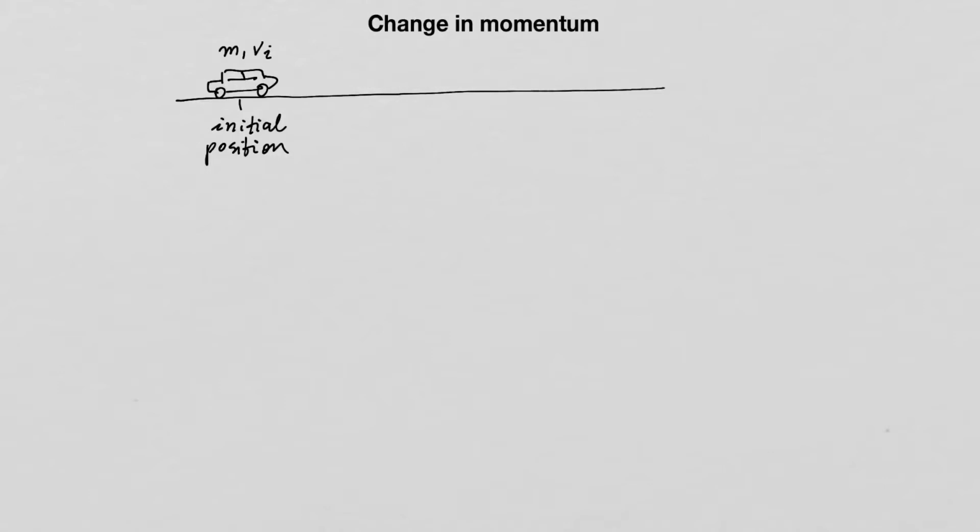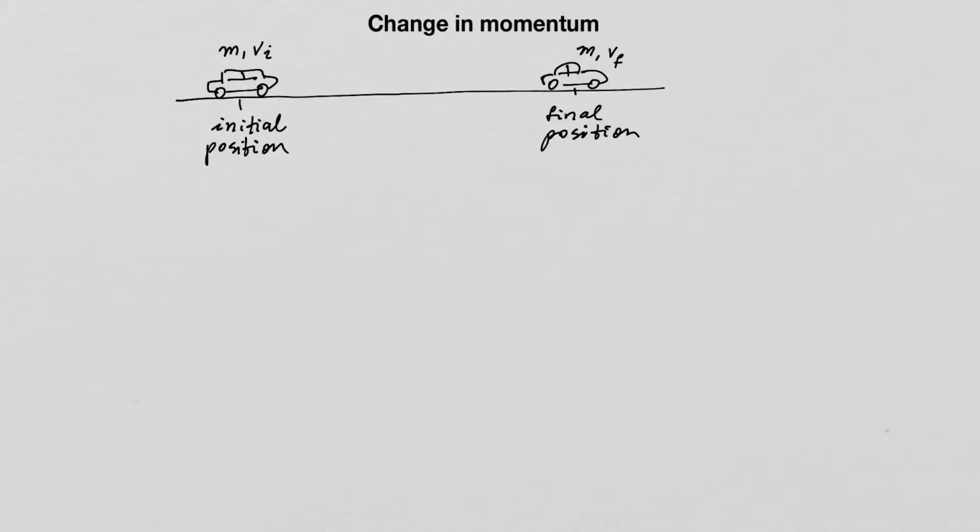So the mass is m, the initial velocity is v sub I. And then after some time, the automobile is at a different position. Let's call it the final position down the road. So the mass doesn't change. The velocity, though, is different. Let's call it the final velocity.